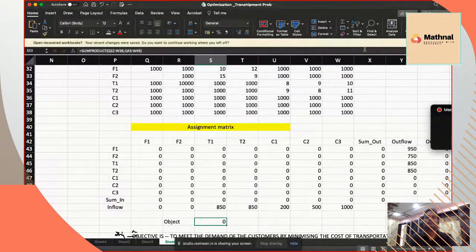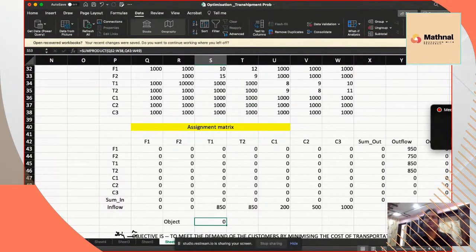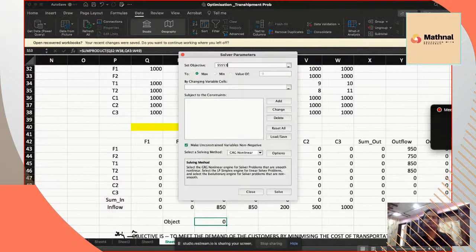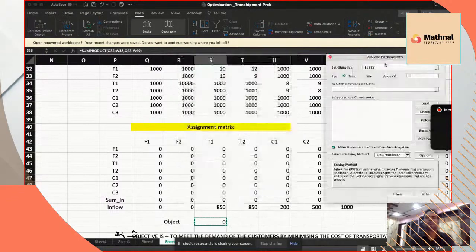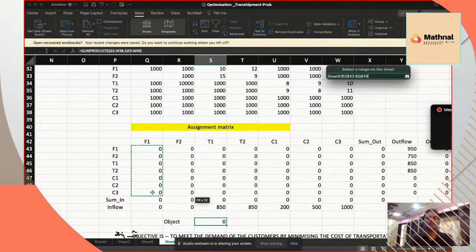Go to the model now. To minimize this, my variable cells are these. Here we need assignments.